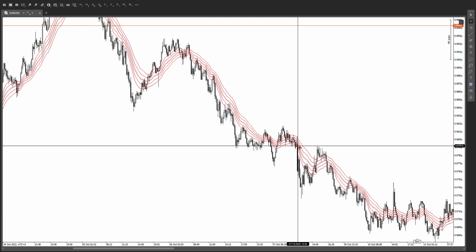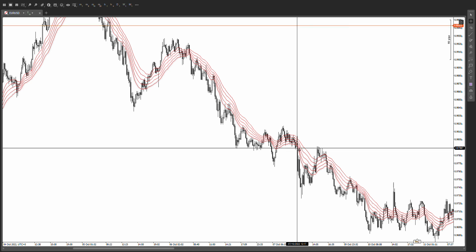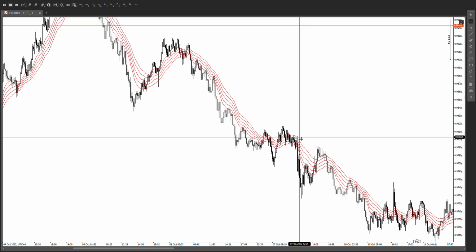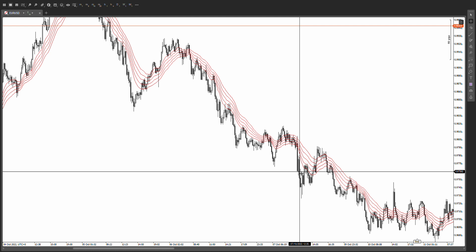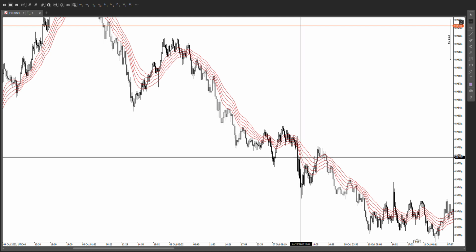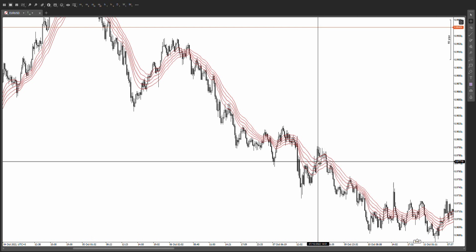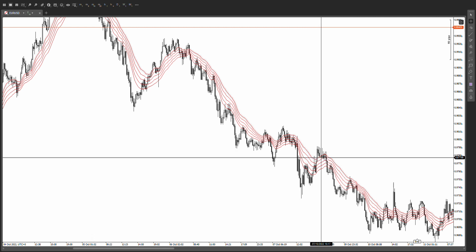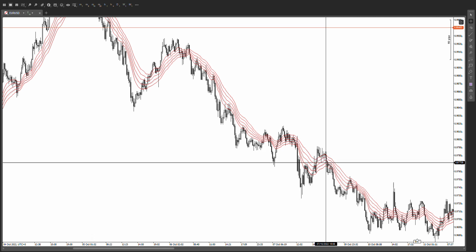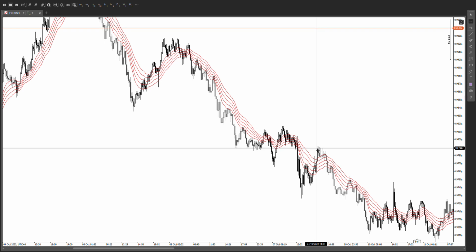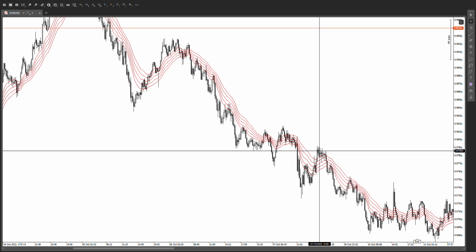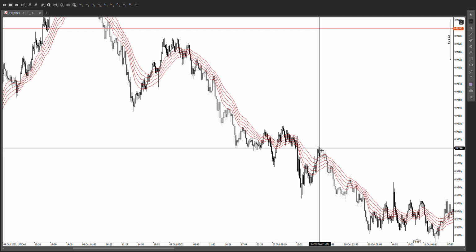Here upon the close you would be stopped out, but still you would have a short bias. Price pulled back, then 20 pips, pulled back again, 20 pips. Here we close above, pull back, 10 pips. But if the candle closes very far from the band, then it's not safe to enter.